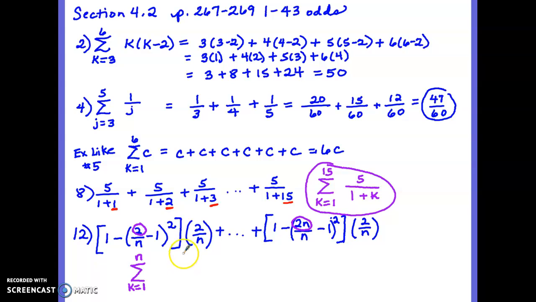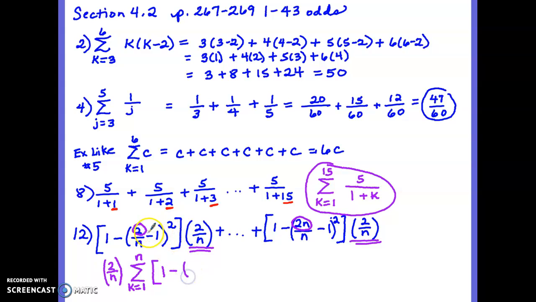Now, the next thing that I want you to notice is this right here is being multiplied by this big bracket every time. So if it's been multiplied by this bracket, then if I want to, I can just put 2 over n and factor it out and put it in the front. And then the bracket that I have, the only thing I've got to do is rewrite it.